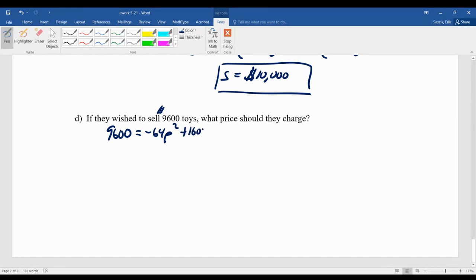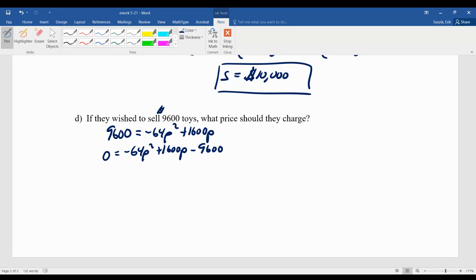Now that's going to involve more work. There's a B value, so I'm hoping you guys remember, we have to set this equal to 0 because we have a B value. We would subtract 9,600. And these numbers are so big.